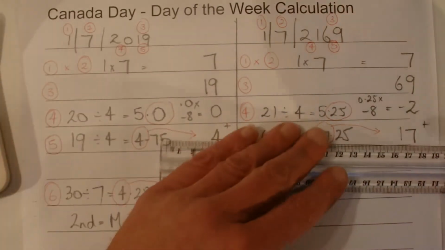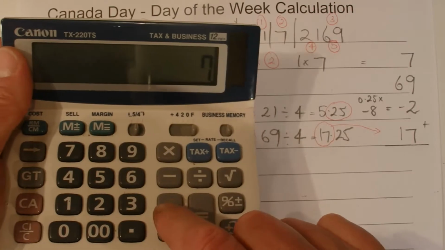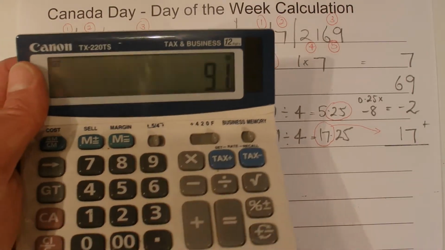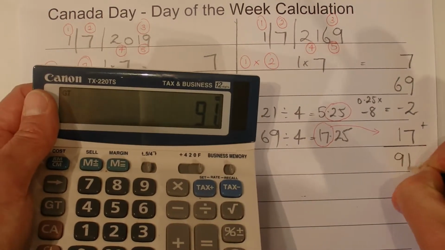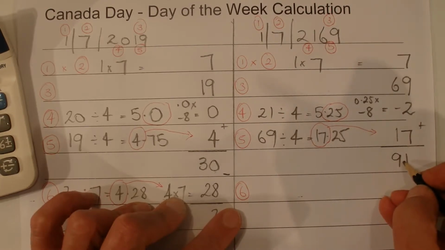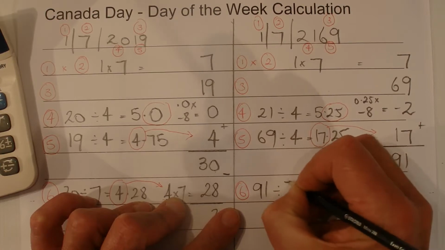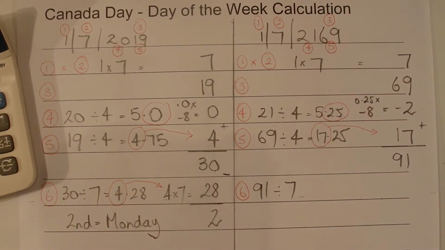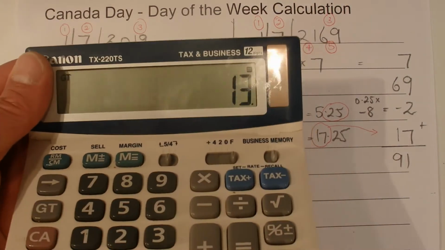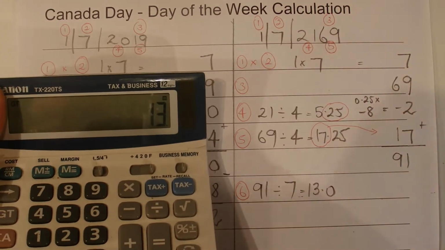Then we just need to add those 4 numbers together: 7 plus 69 minus 2 plus 17 equals 91. In step 6 we just need to divide the 91 by 7 and find out what the remainder is. 91 divided by 7 is 13, so that's an even number, 13.0.